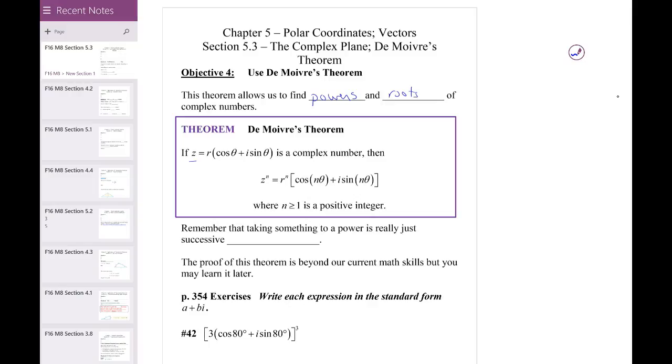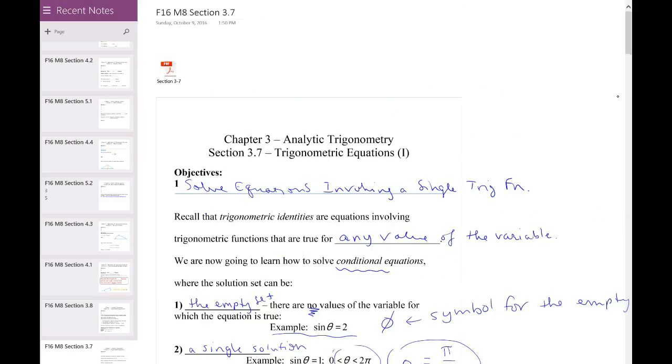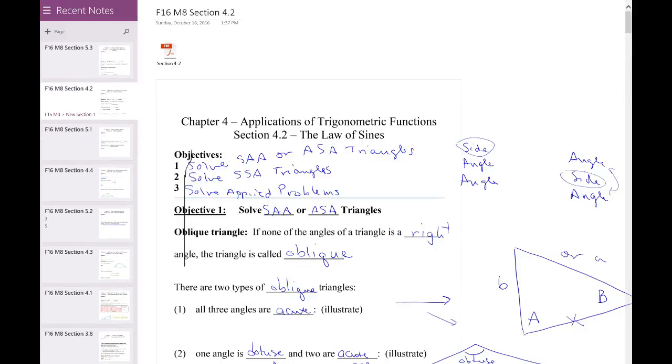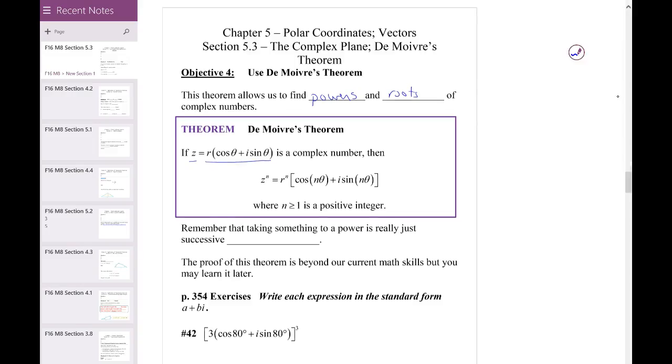So remember that if z is written in polar form as r, sorry about the flipping around, r cos theta plus I sine theta, then it turns out that if you take it to a power, if you think about it, that's just successive multiplying. So if you had z squared, it would be r times r, cosine of theta plus theta, plus I sine of theta plus theta, oh, that's r squared cosine of 2 theta plus I sine 2 theta.